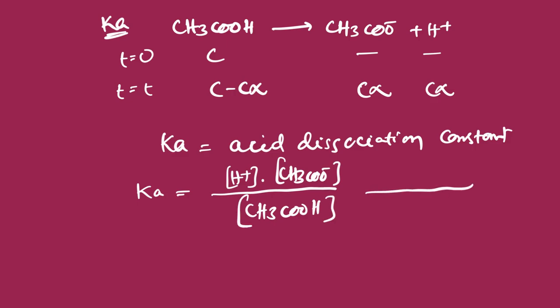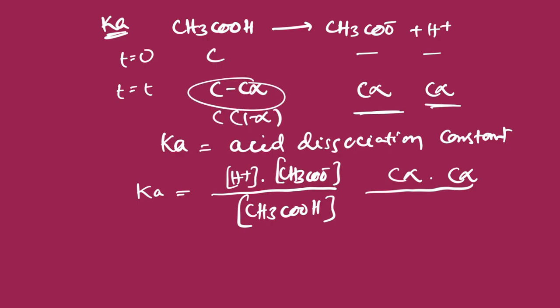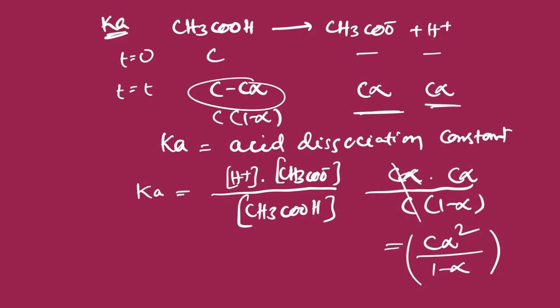The numerator concentrations are C alpha and C alpha. In the denominator, C taken common, 1 minus alpha, therefore C into 1 minus alpha. C cancels, therefore C alpha into alpha, alpha square, denominator 1 minus alpha, that is equal to Ka.